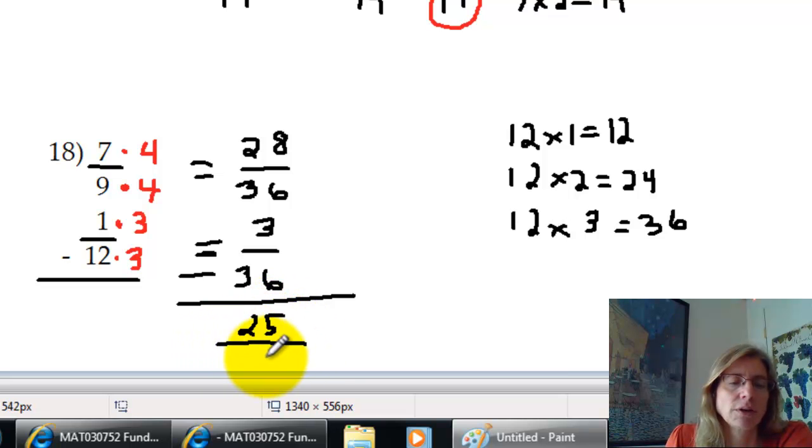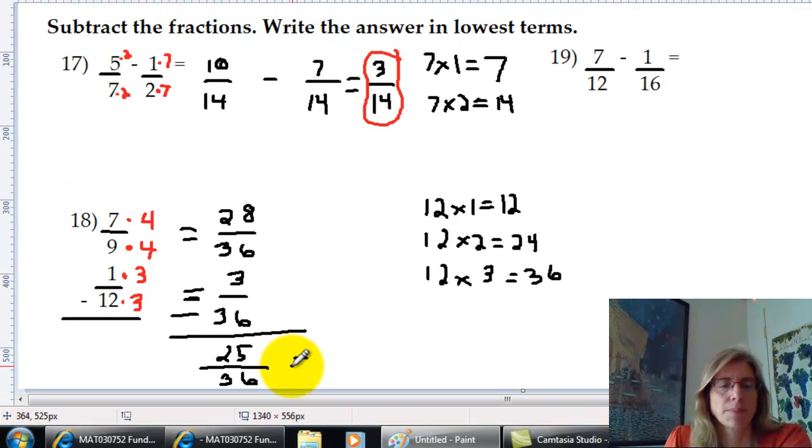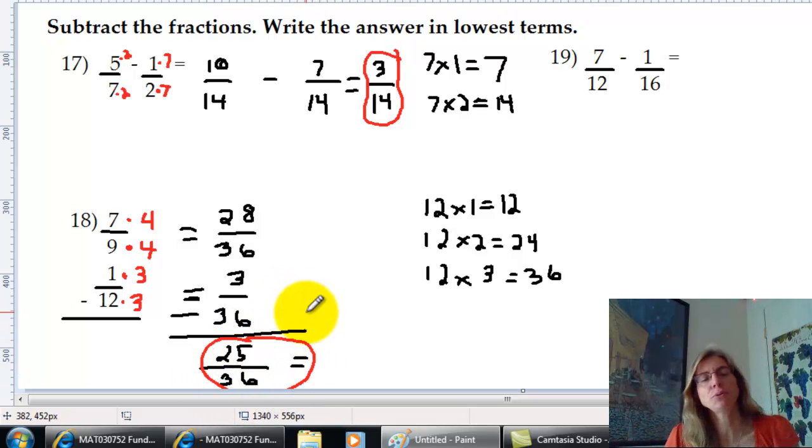And we sorted out the last time I solved this problem that 25/36 is in fact reduced. So the answer to this problem is 25/36. And you can run through your divisibility rules to check that out. 2 plus 5 is 7.